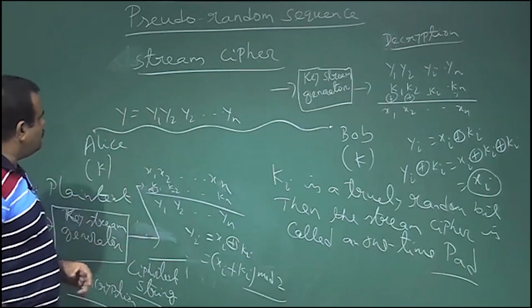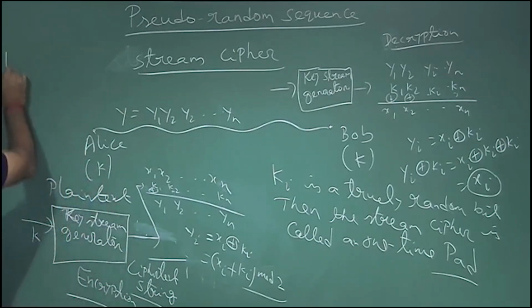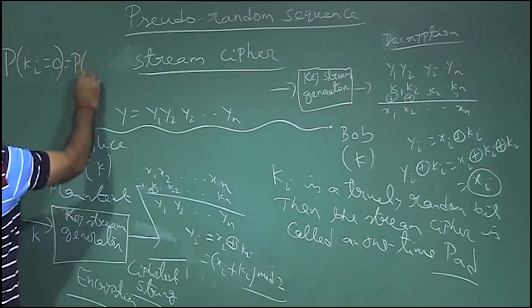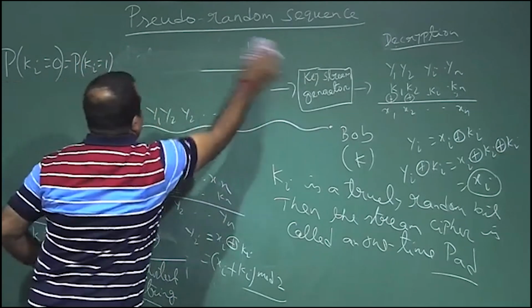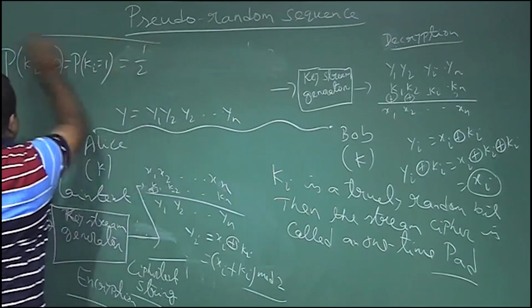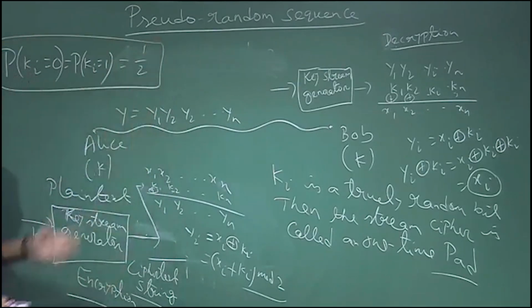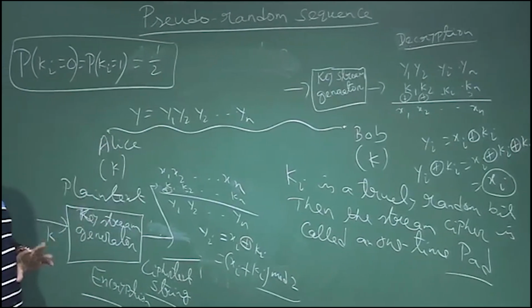The truly random bit means ki is a 0 1 bit, either 0 or 1, and the probability of 0 and the probability of 1 should be equal. Then it is called a truly random sequence. We have seen in the earlier class that if this is satisfied, it possesses the Shannon notion of perfect secrecy.